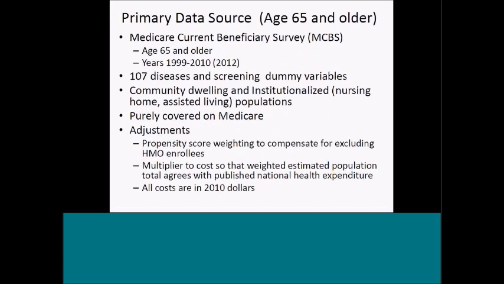So the primary data source for age 65 and older: we now consider years 1999 to, initially, only 2010. By the time we were done with 2010, 2011 and 12 became available, so we said, okay, now let us do 2011 and 12. By the time we did 2012, 2013 had become available, and the machines are running now for 2013.